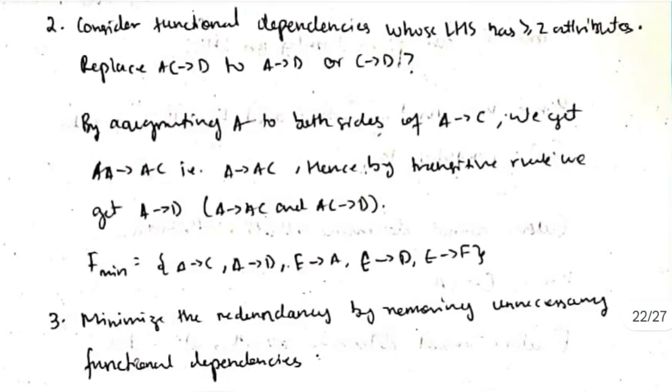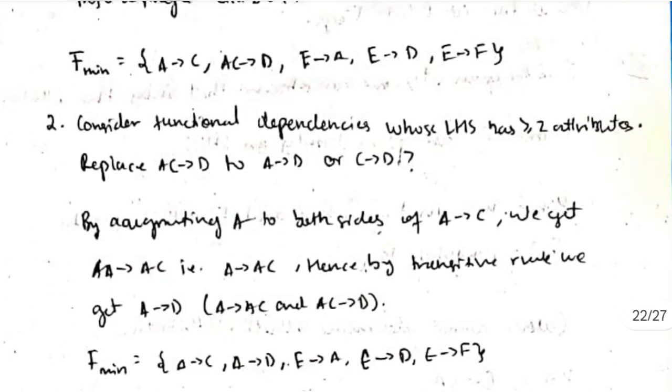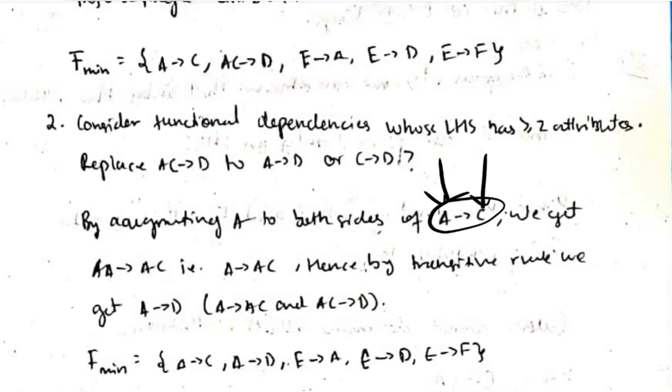Okay, so when we have written all of these, one thing we can observe, if we consider A tends to C and multiply A on both sides, we have A tends to AC.